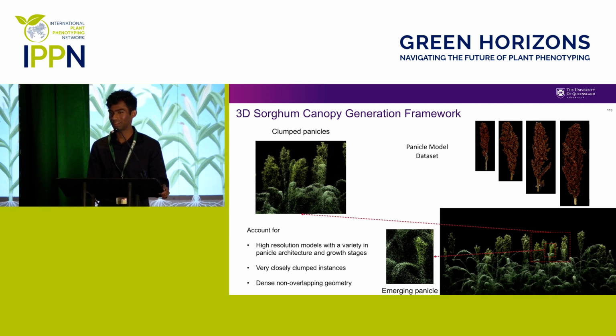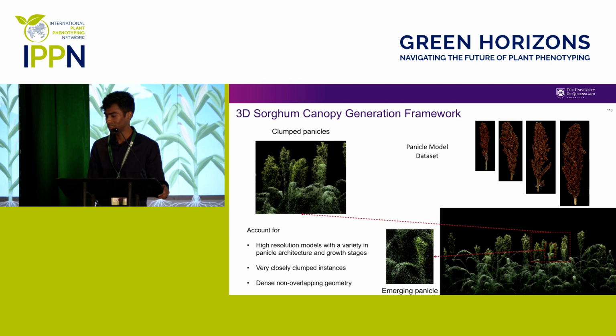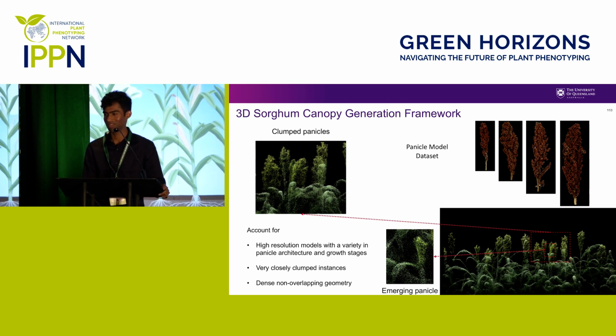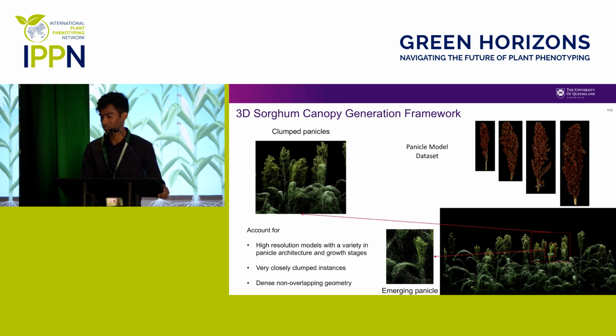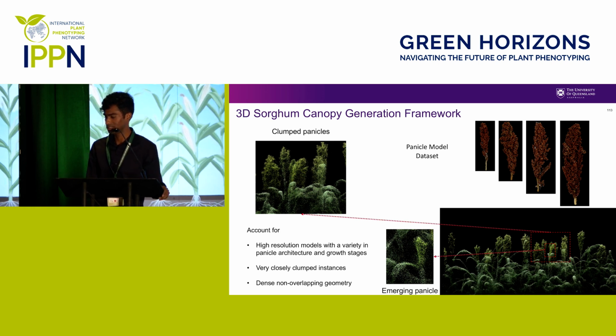Labeling images is hard enough, but labeling point clouds is a lot more work and very time consuming. And as a PhD student, I don't have an army of annotators working under me. The other thing is that we also need to account for panicle morphology at different growth stages, especially with small and emerging panicles within very dense canopy models.